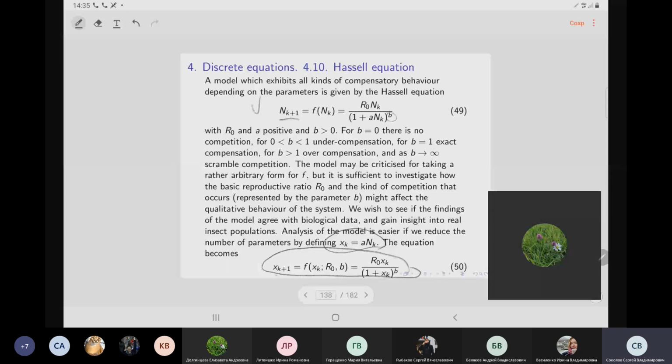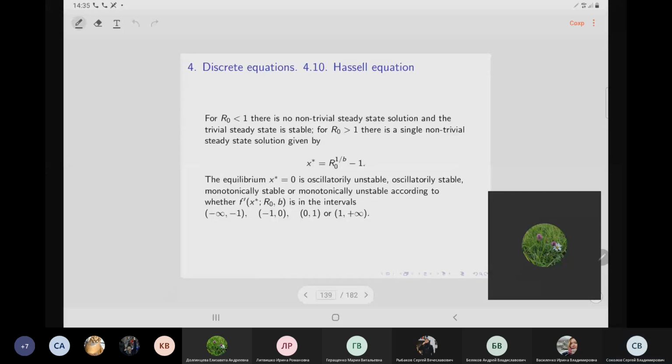There are only two coefficients here, R0 and B, and both of them are positive. So using the developed technique, we can find equilibria, and we can analyze their stability. There are a lot of calculations, but I don't want to focus on them because they are quite simple.